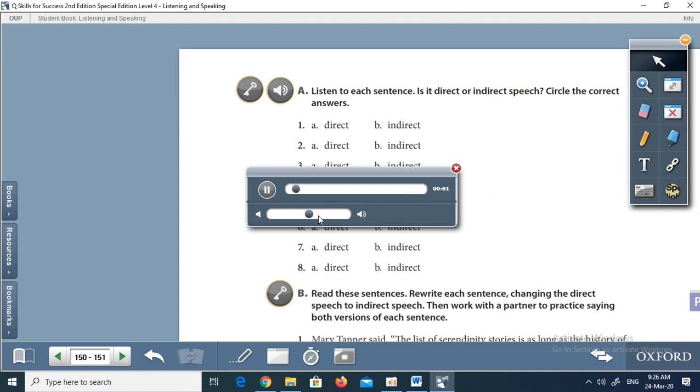Unit 7, Grammar, Activity A. 1. Ellen said she was excited about the reunion. 2. She said, I can't wait to get there. 3. Tanya shouted, I haven't seen you in so long. 4.